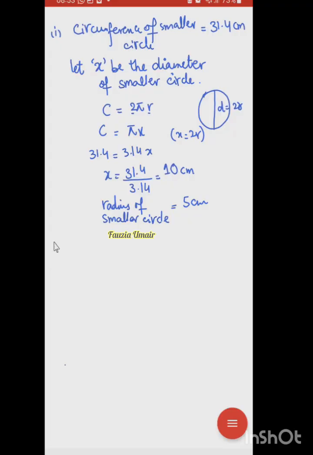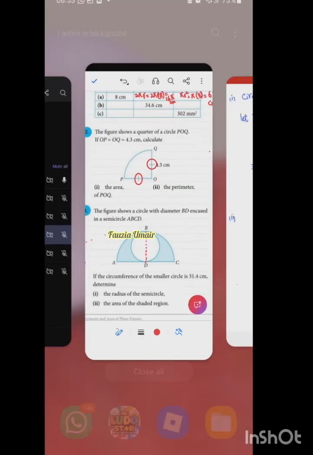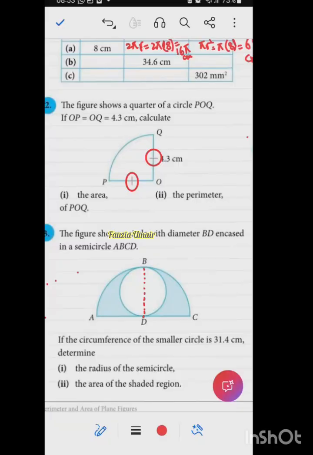Now moving on to the second part. In the second part, they're asking you to find out the area of the shaded region. For that, we will find out the area of semicircle ABCD. Now we know the radius. What is the radius of this semicircle? It is 10 centimeter. We have just calculated.